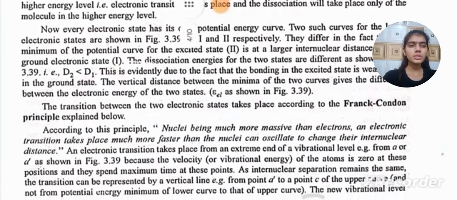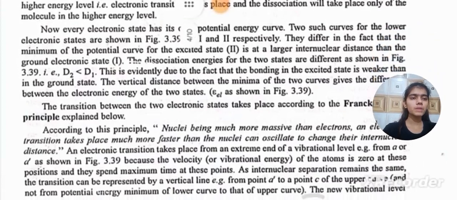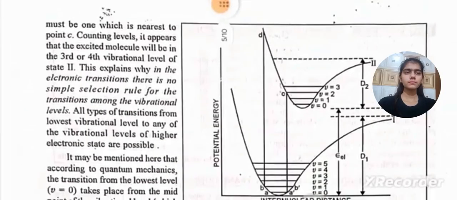As internuclear separation remains the same, the transition can be represented by a vertical line, for example from point A dash to a point C of the upper curve, and not from potential energy minimum of lower curve to that of upper curve. The new vibrational level must be the one which is nearest to point C.